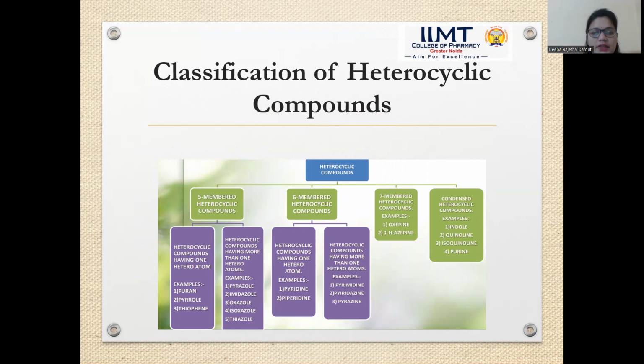The first category, 5-membered heterocyclic compounds, is further divided into two categories. The first is heterocyclic compounds having one heteroatom in the ring, and some examples are furan, pyrrole, and thiophene.